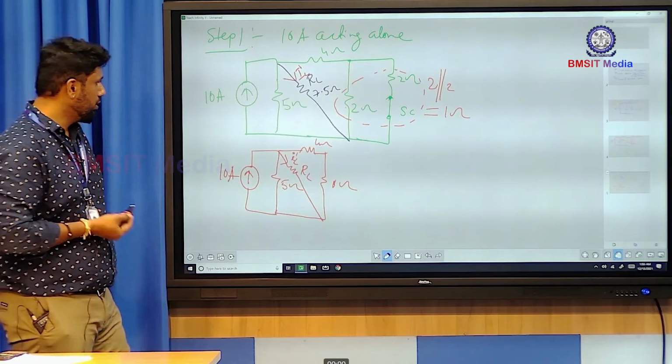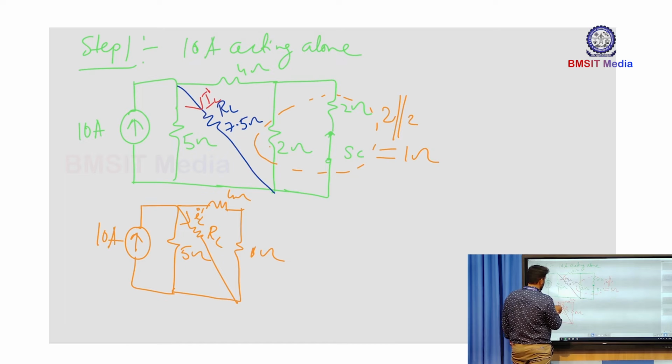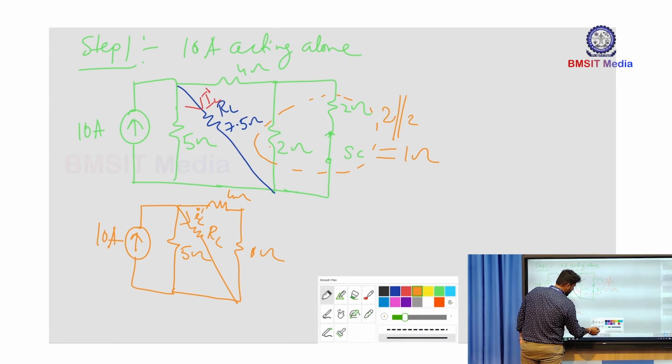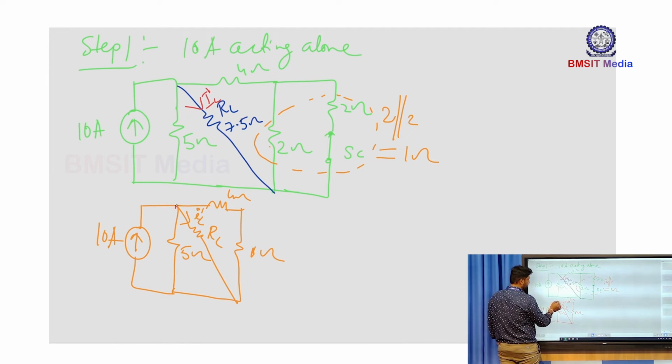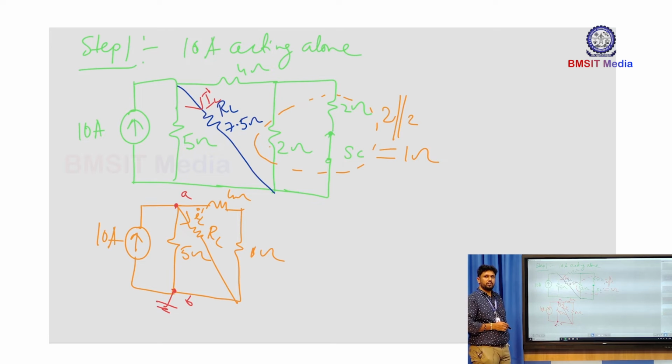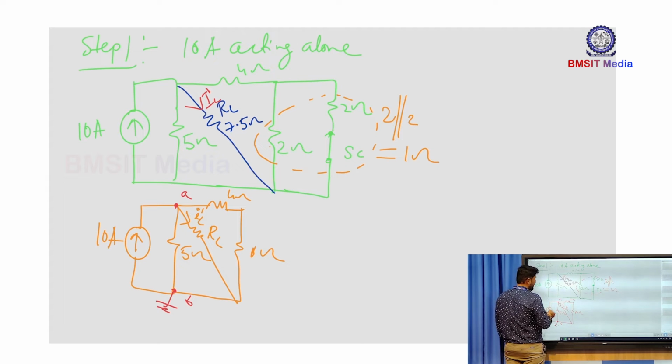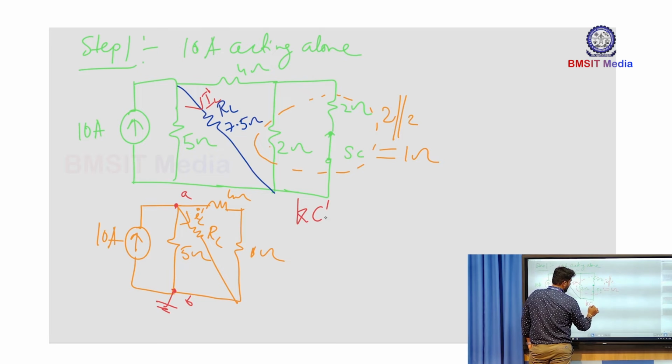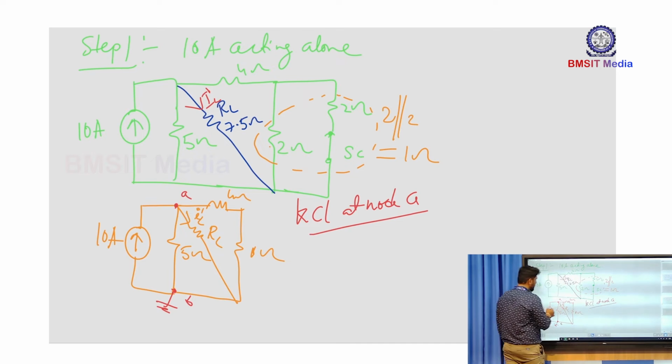It's a simple network, so if I'm finding the node voltage, here I'm representing this node as A and this node as B, and it is the common node, a reference node, on the ground point. So if I write the KCL at node A, you can write an equation here: the leaving current of this branch, the leaving current of this branch and the leaving current of this branch.